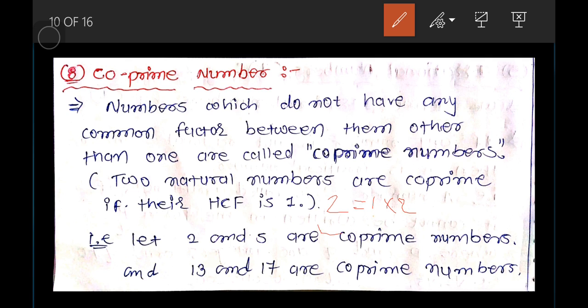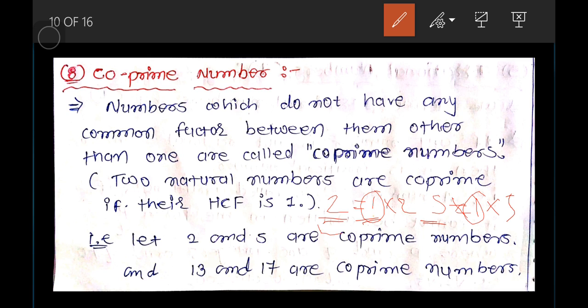And 5 is equal to 1 multiplied by 5. So in these two numbers you can find only 1 as a common factor, or HCF of both the numbers.